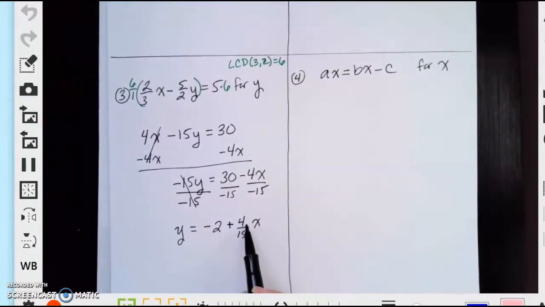I could keep the x in the numerator next to the 4, or keep it out next to the fraction, but I don't want to put it in the denominator. And again, we're solving for y. Y equals negative 2 plus 4/15 x. And if you have these two terms in a different order, that's okay as well. If you have the 4/15 x first and the minus 2 second, that's certainly equivalent.